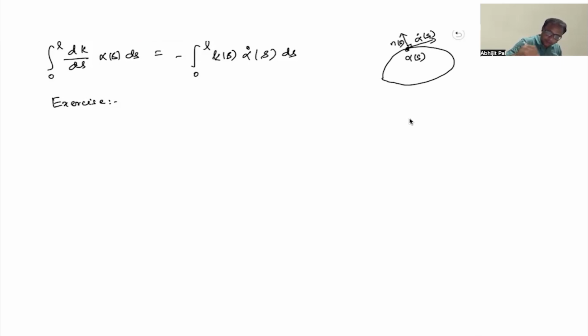The exercise is the following: if I take the derivative of the normal vector, this will be equal to k(s) times alpha dot (s).